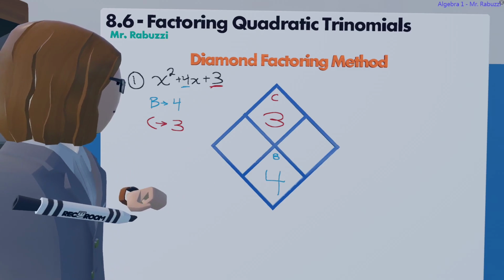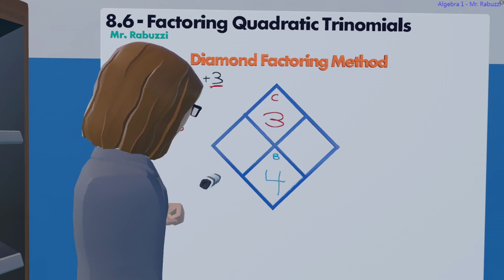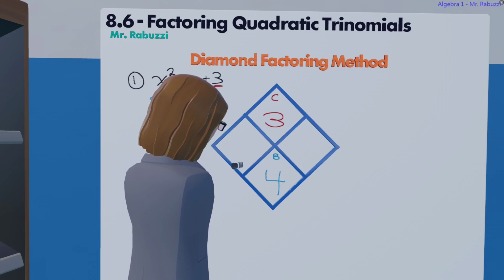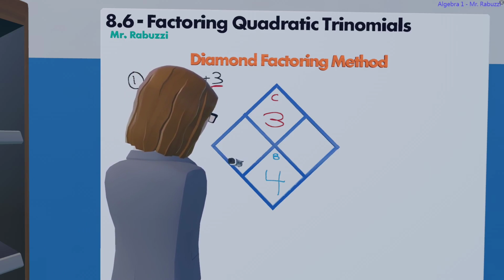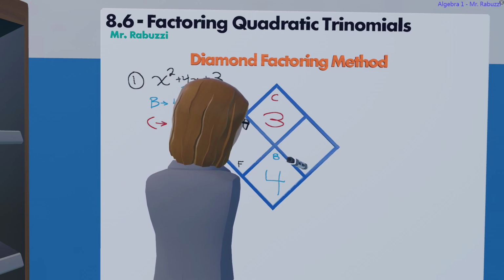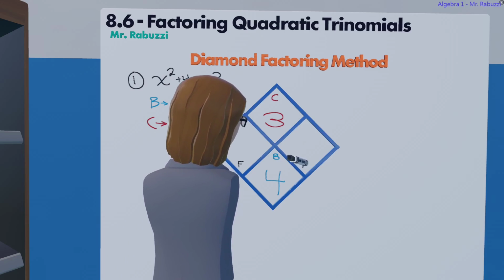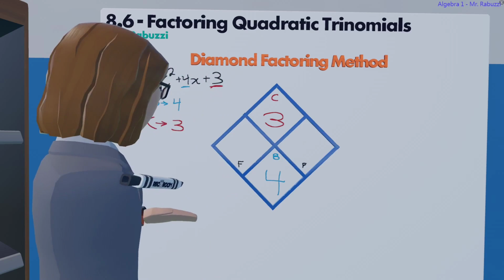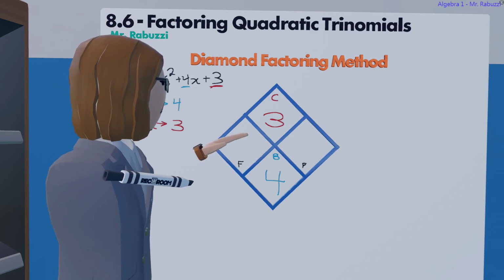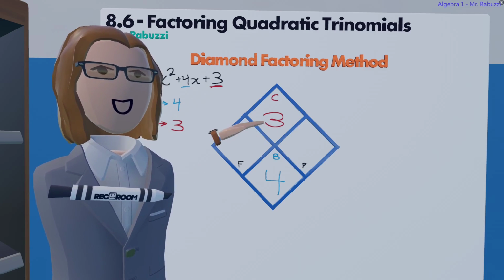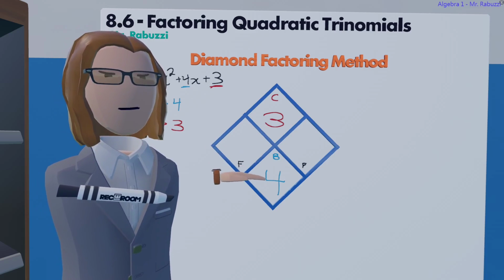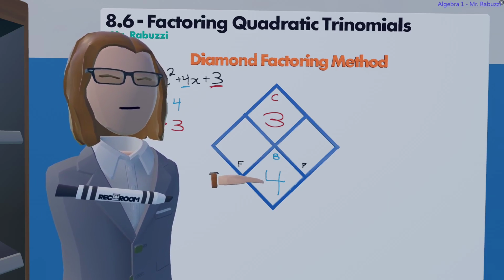We want this side to be, hold on. We need factors here, a factor, and a factor. So the way we find our factors is we need the factors of 3, and we have to pick the factors of 3 that will add together or subtract together to get 4.